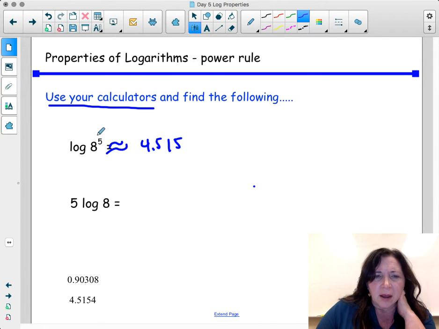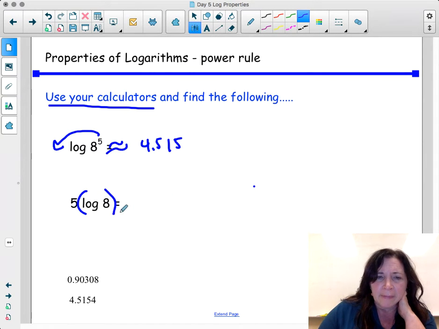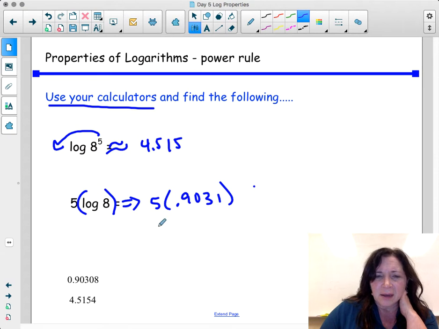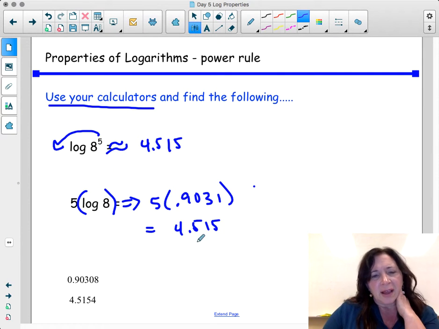Now, to prove that, if I brought the 5 out front, see how that would be 5 times whatever log 8 is? Well, that would then give me 5 times 0.9031. Well, 5 times that is actually 4.515. So these are exactly the same.